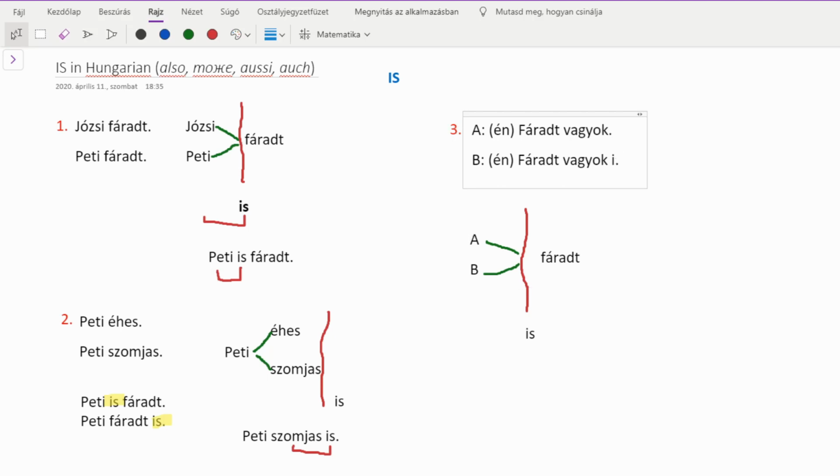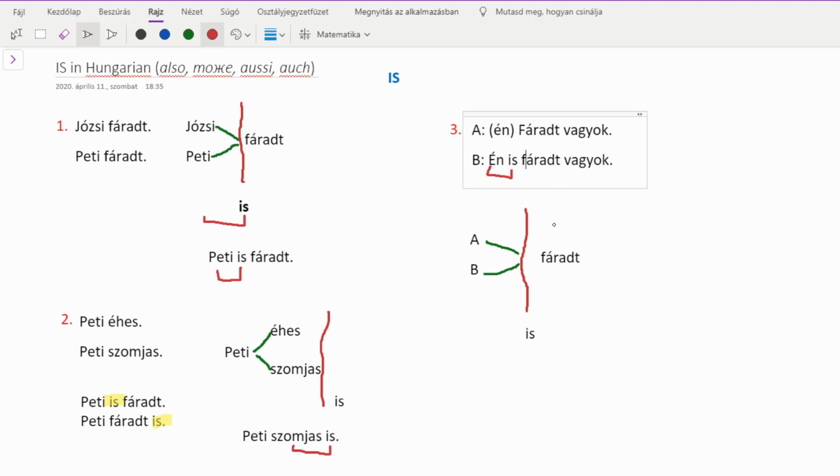So ish is not here, but ish will come here. And in this case, the pronoun is not optional, but will be compulsory. Okay, and now this will be a correct sentence.